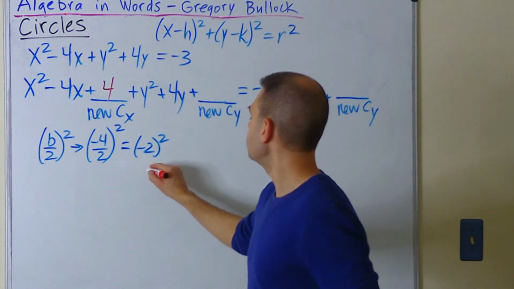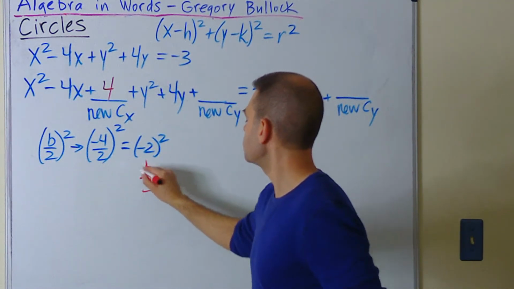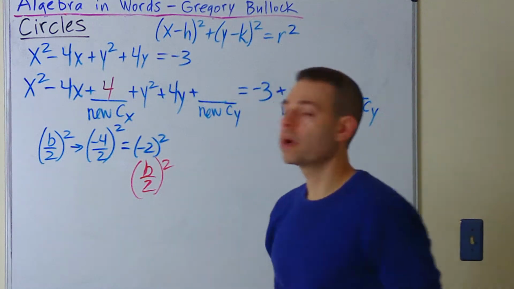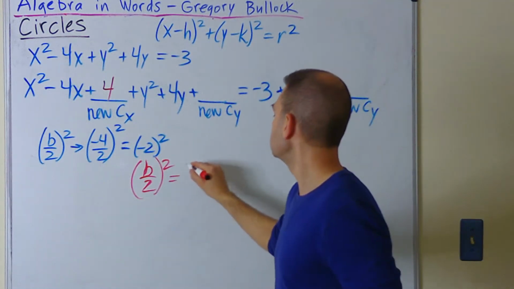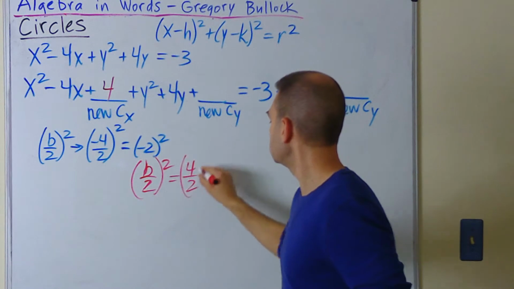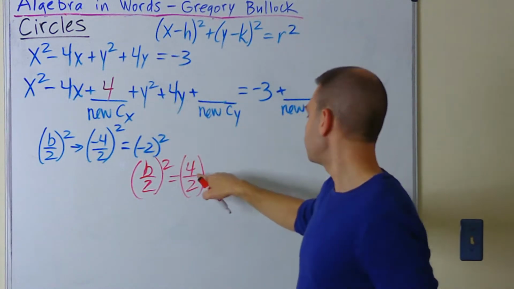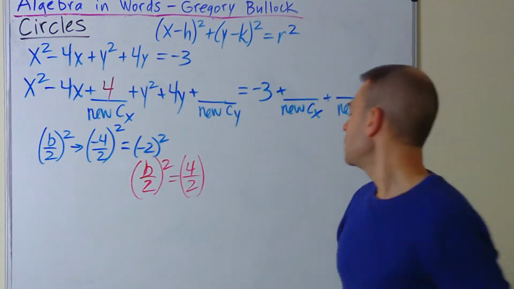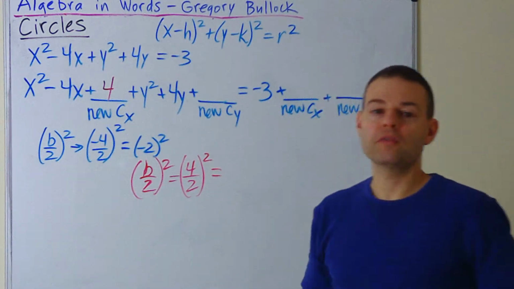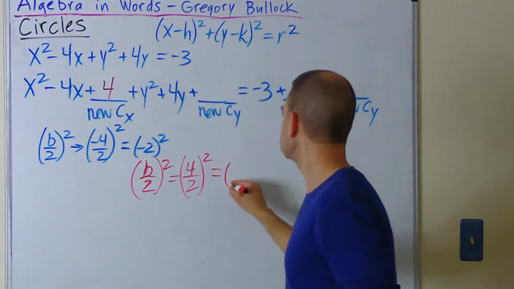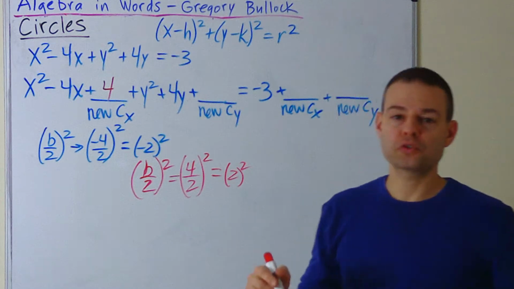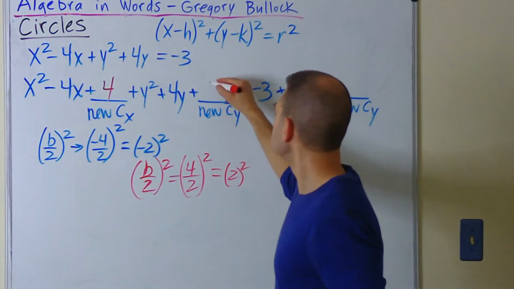So we're going to have b over 2 squared, and we're going to put positive 4 in for b, and 4 over 2 is 2, and 2 squared is 4.